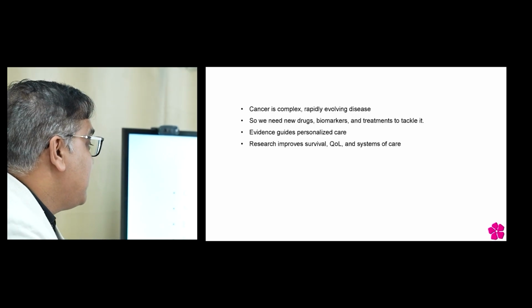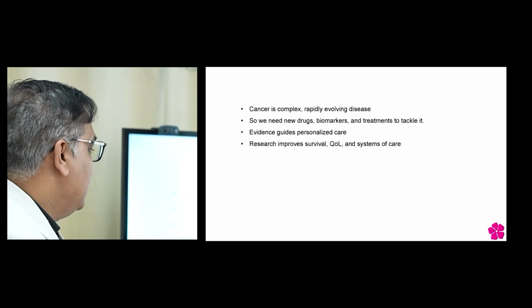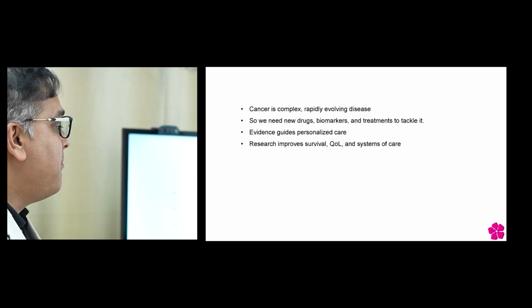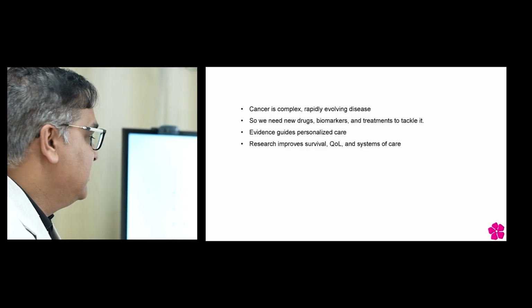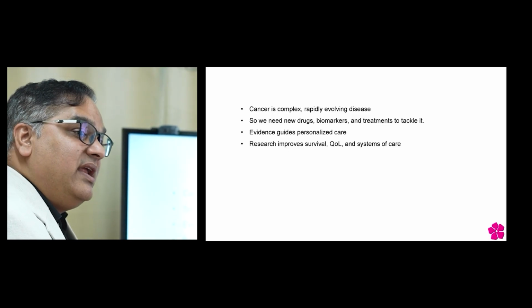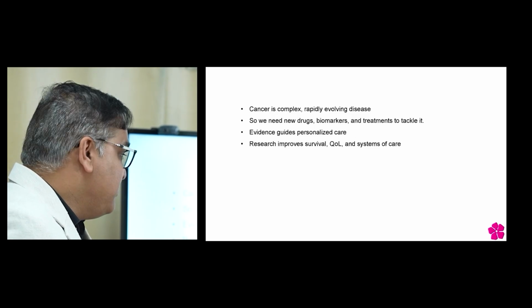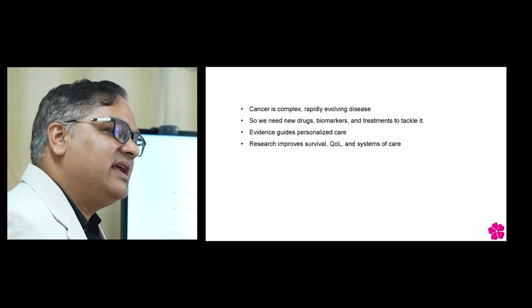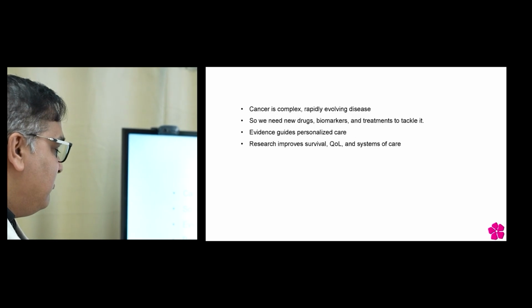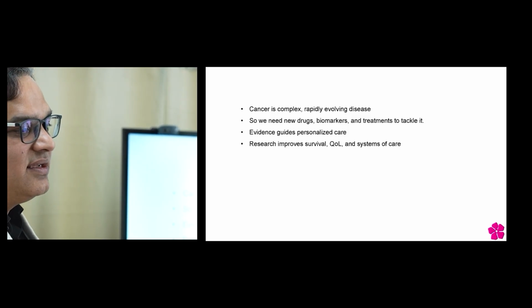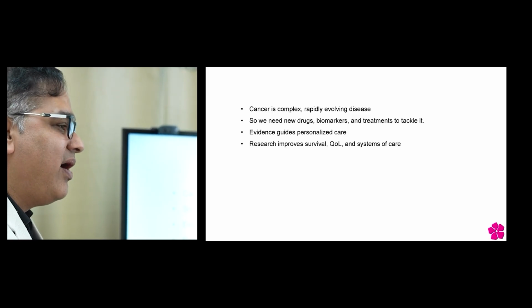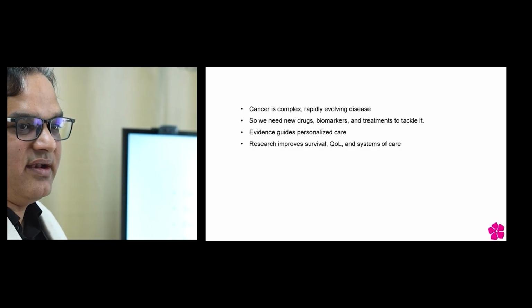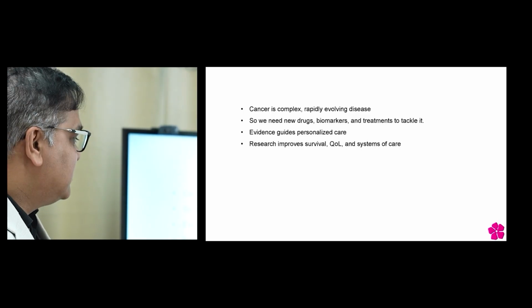But cancer is a complex and rapidly evolving disease. So we need new drugs, biomarkers, and treatments to tackle it. For that, we need research, we need to generate evidence, and evidence helps us get personalized care. And what is our main target? To improve survival, quality of life, and systems of care. That's why it's so important.